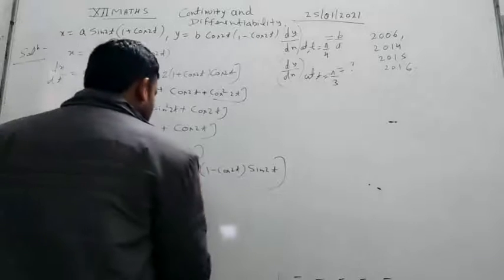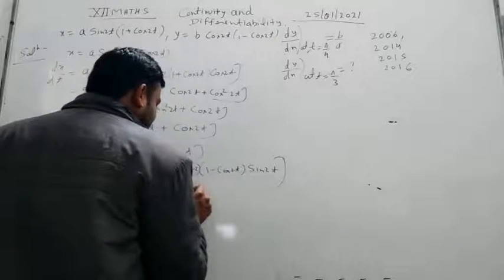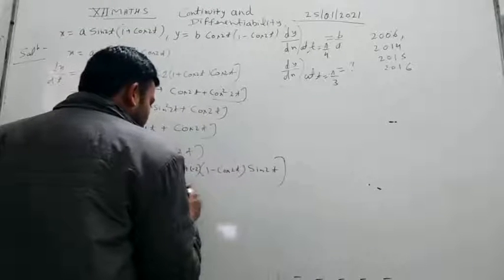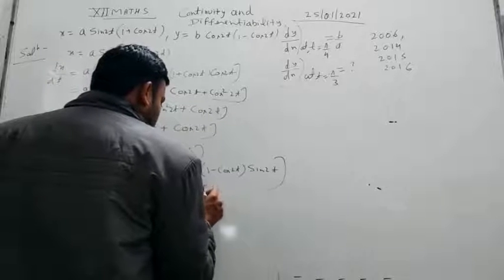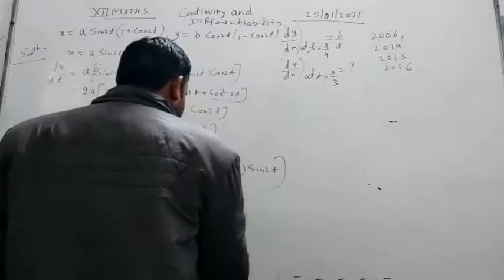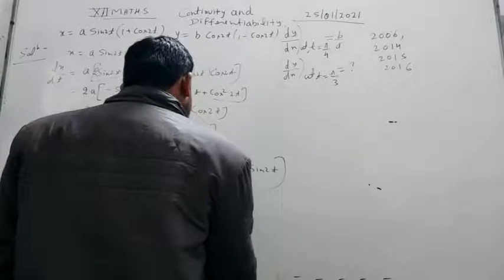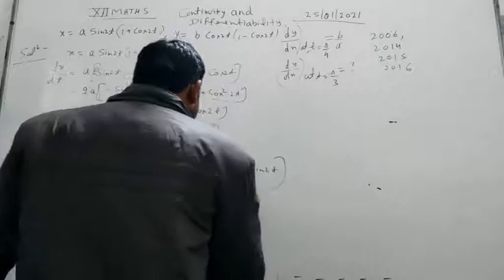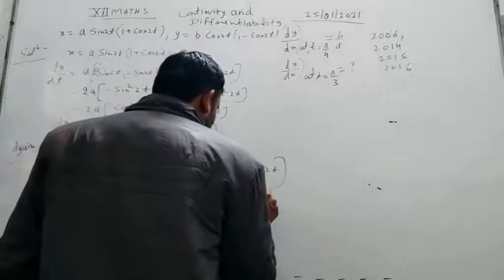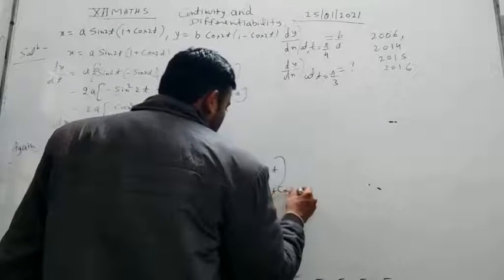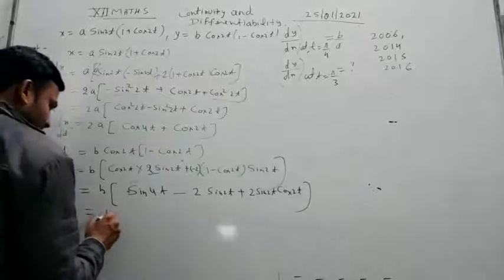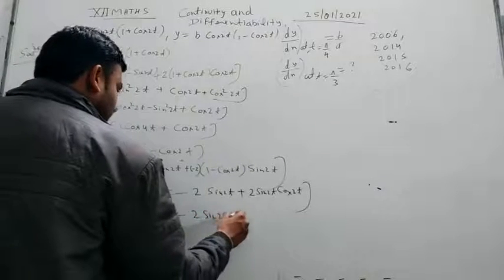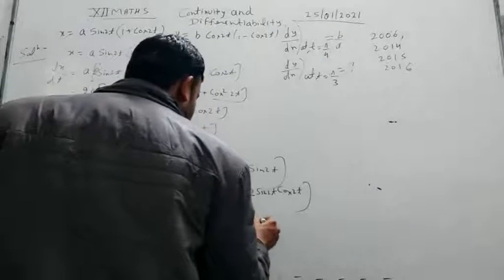And here minus, and this 2 take outside, and this is sin 2t minus 2 sin 2t and plus 2 sin 2t cos 2t. So b is sin 4t minus 2 sin 2t plus again sin 4t.